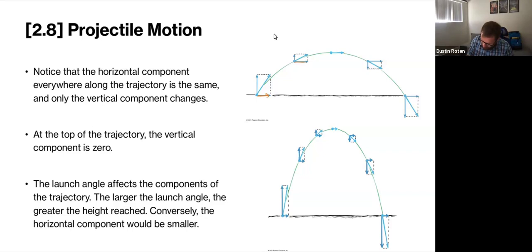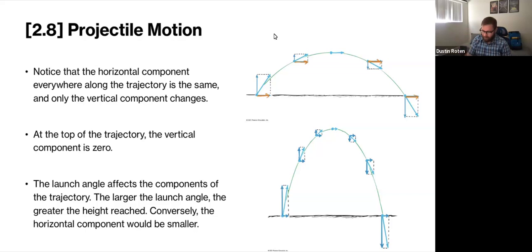In all of these time steps, the x direction is the same length. We're ignoring air resistance. It's negligible. There's no gravity in the x direction. There is no reason for the x component to change length, to change speed. A longer vector would mean it's faster. A shorter vector would mean it's slower. There's no reason for that to happen here.